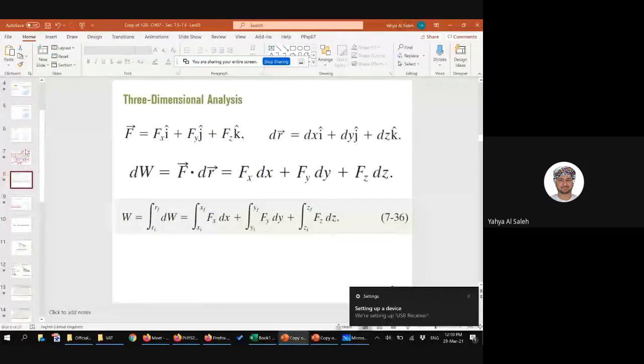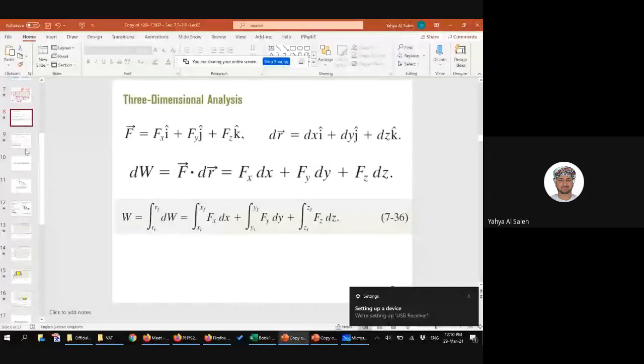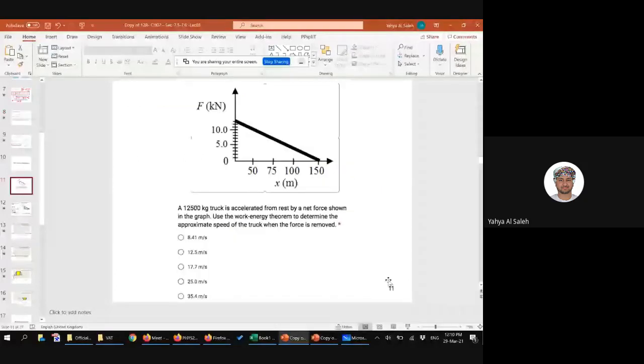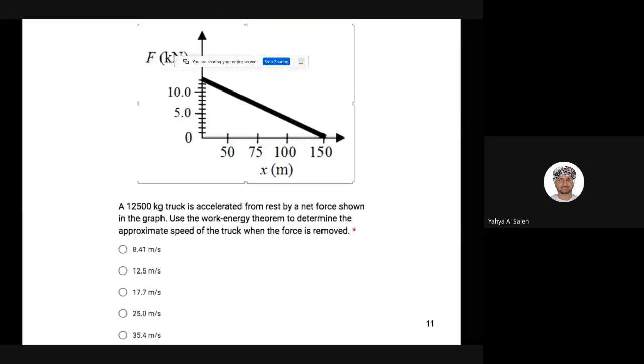Now, we start today by looking at this PIQ. A 12,500 kilogram truck is accelerated from rest by a net force shown in the graph.